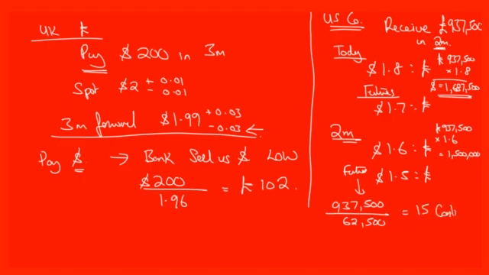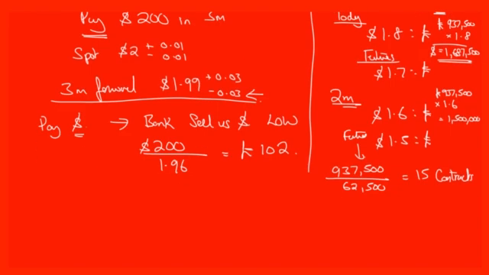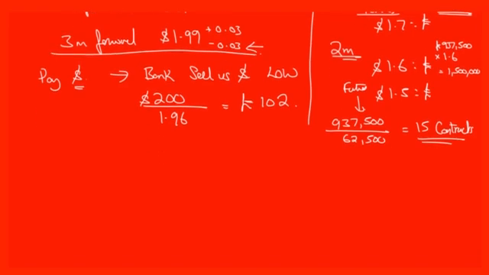If it wasn't the exact amount, we'd have some left over, and that would be an overhedge, or some under, that would be an underhedge. But the way I did it, it's just right. We have 15 contracts. So how did we do on those 15 contracts?